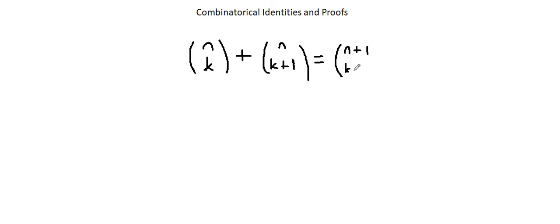This is Pascal's identity. It was found by Pascal, but as many of us know, we don't know exactly who found it. It was used years ago, not billions, but it was used years ago.